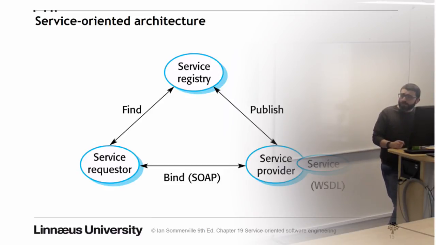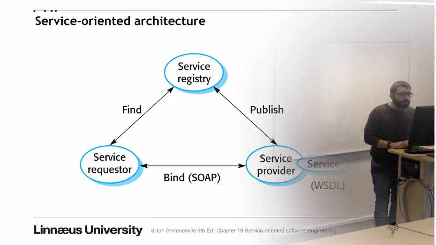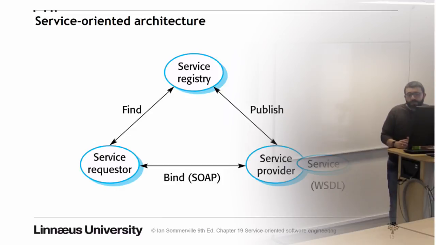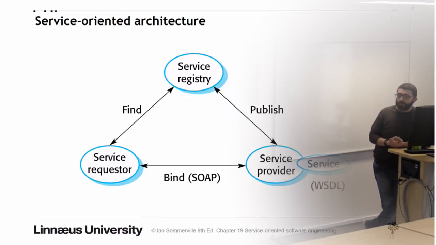Once we have this description, we can publish it into the service registry, which is the service discovery system that we discussed before. Once this description is publicly available in the service registry, a service requester can make a query to this registry in order to find the service he's interested in.